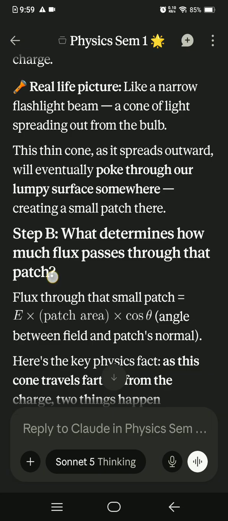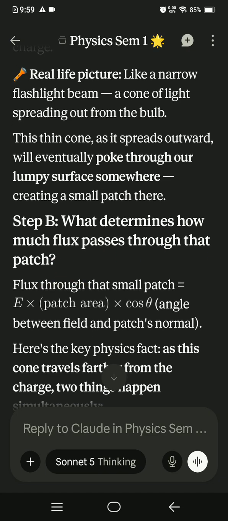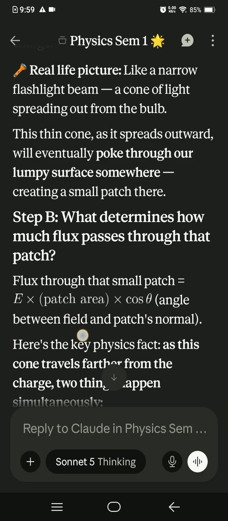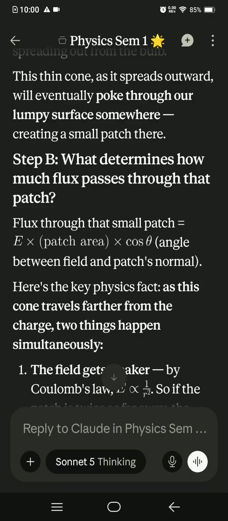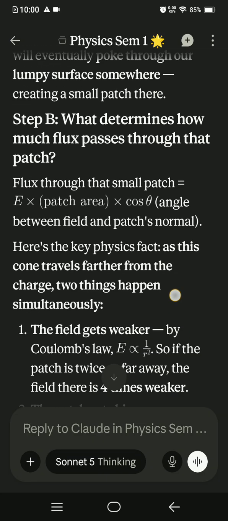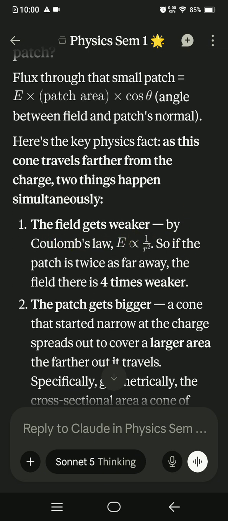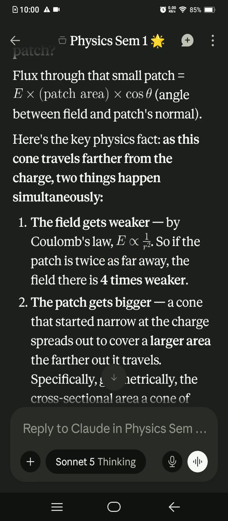What determines how much flux passes through that patch? Flux through that small patch is electric field times patch area times cos theta, the angle between field and patch normal. Okay, so here's the key physics fact. As this cone travels farther from the charge, two things happen simultaneously. The field gets weaker by Coulomb's law, because it is inversely proportional to r squared.